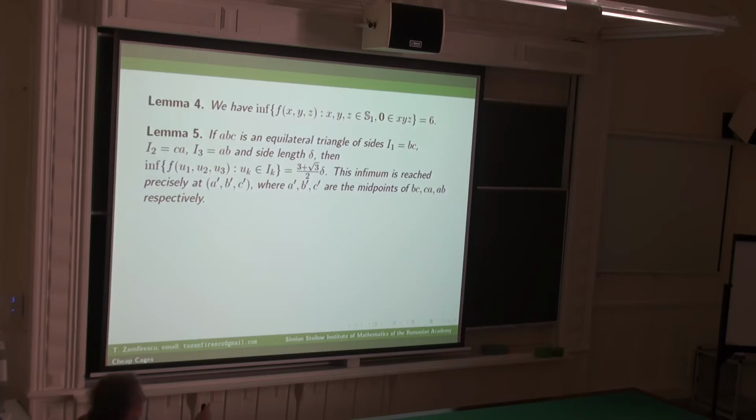If you take the points and you play a little bit with them, you'll see that the infimum, the minimum, is reached when they collapse into two of them in one point and the other is antipodal. And then the sum is 6.